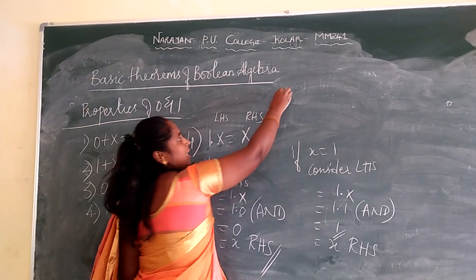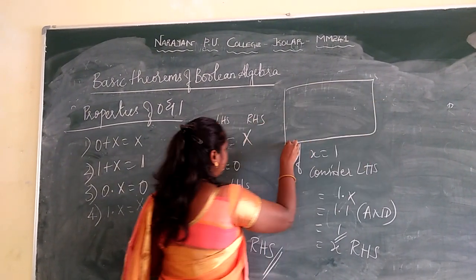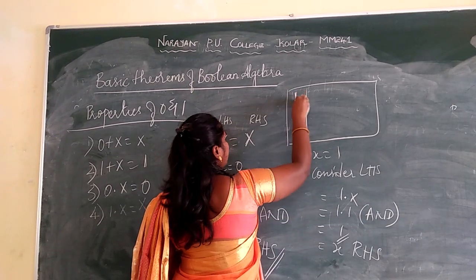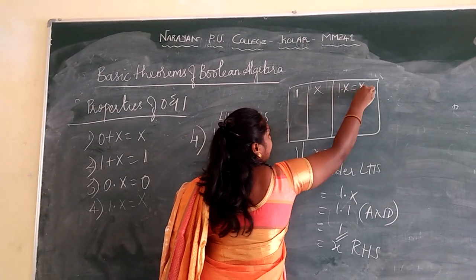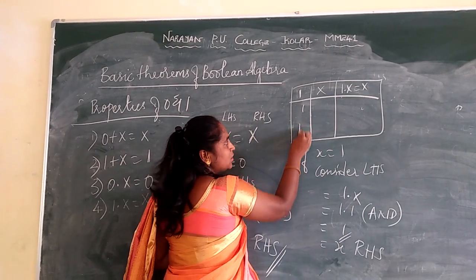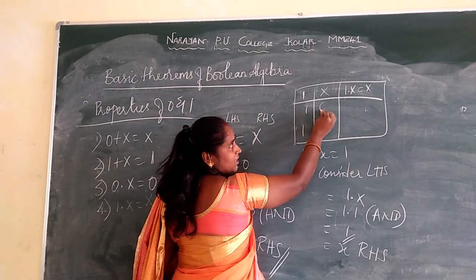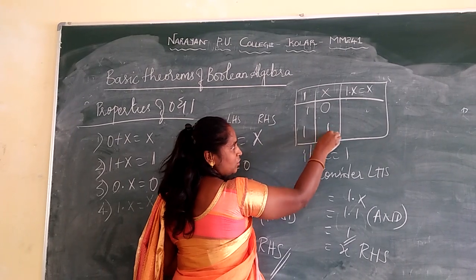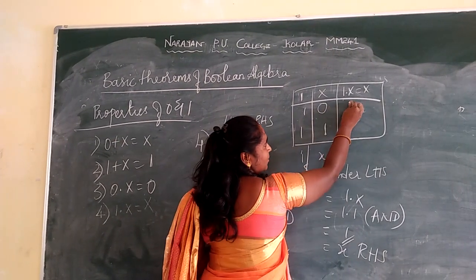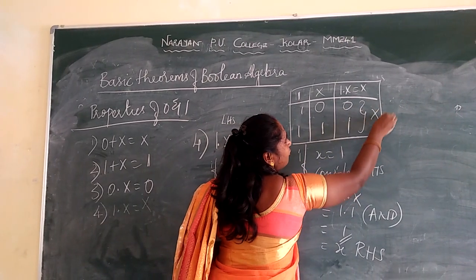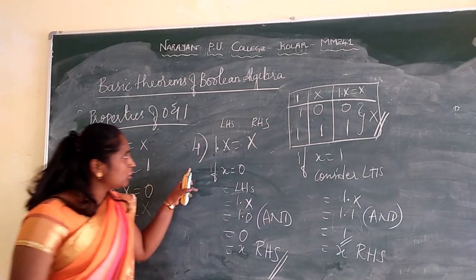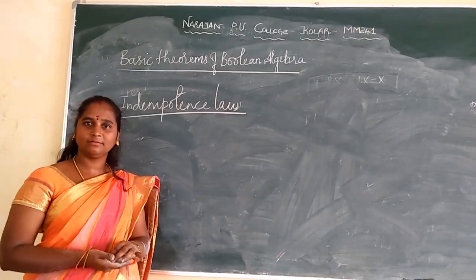So the truth table of this particular property: 1 into x is equal to x. So 1 as it is, and the x values are 0 and 1. 1 into 0 is 0. 1 into 1 is 1. That holds the value of x. So your fourth property is proved.